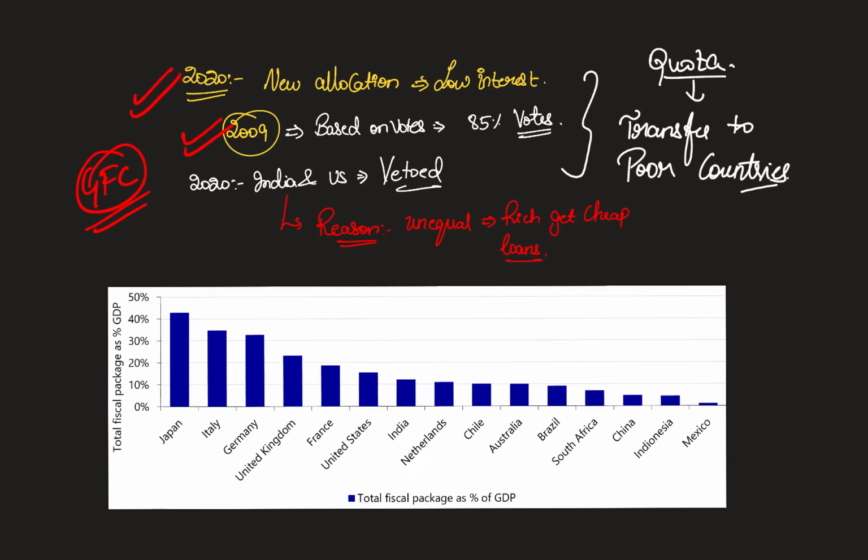So, this decision was taken based on voting. 85% of the votes should come out in favor of this decision, only then it will happen. But in 2020, it so happened that India and US vetoed this decision, saying that it will give richer countries, because let's say, for example, 50% of the wealth that is created is going to the top 5 countries which are already developed.